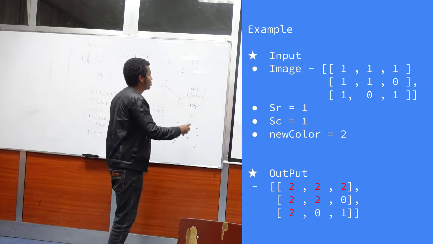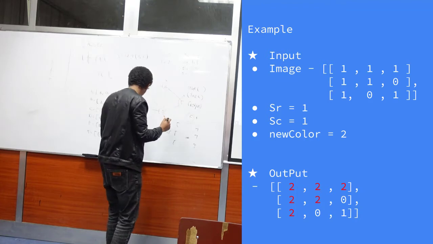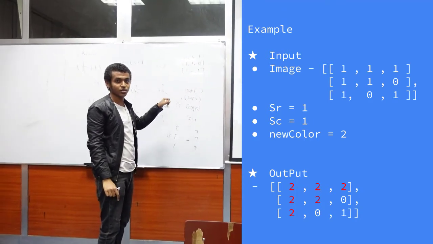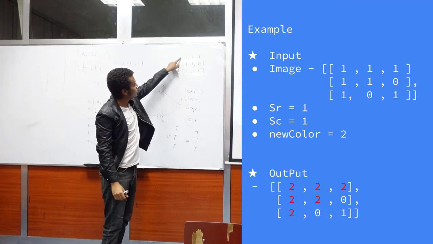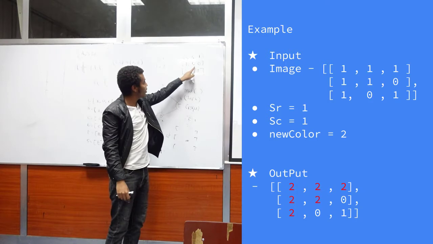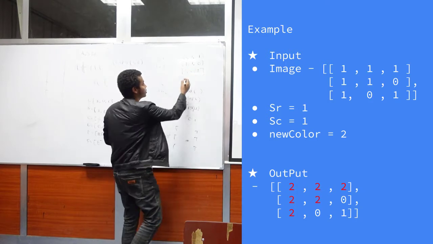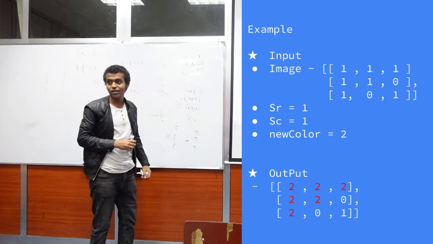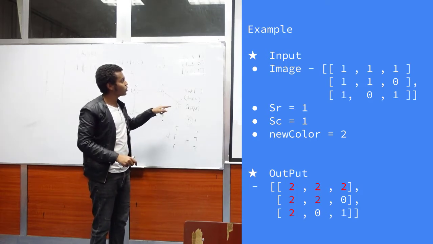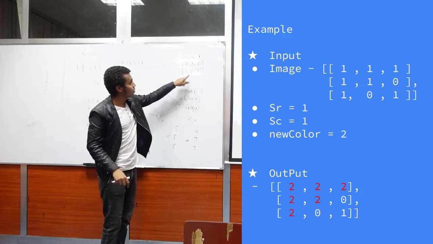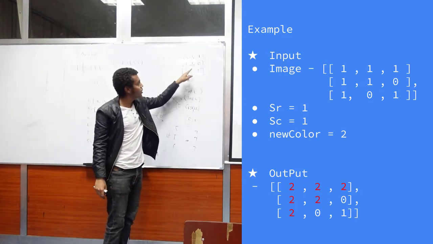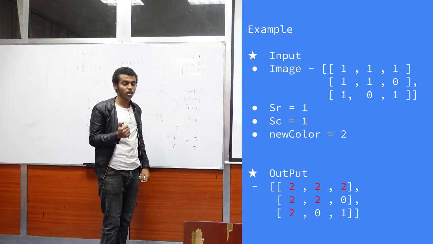That means for the given inputs, SR and SC 1, 1, let's go over that cell. The index 1 array and 1's column. That's this pixel. And as we discussed earlier, the neighbors of this vertex, if it's four-directionally connected, are this one, this one, this one, and this one. So those are our neighbors.